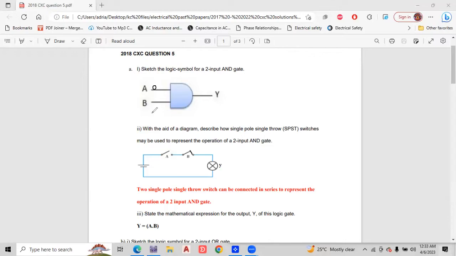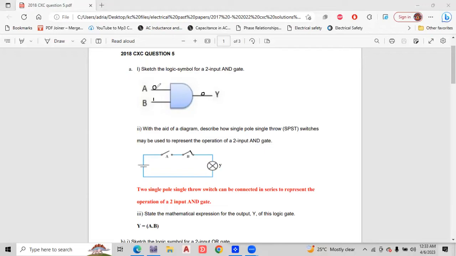And have 1, which is a high, going in at B, that means the switch at B would be closed. So we'd multiply 0 and 1, and we'll get 0 on the output. So based on the circuit diagram, you see that the lamp will not turn on. Why? Because A is open.